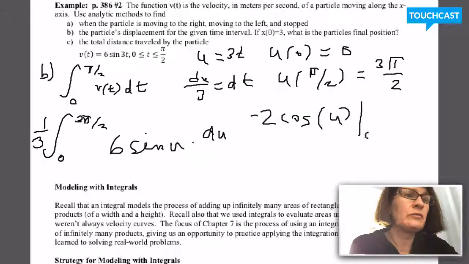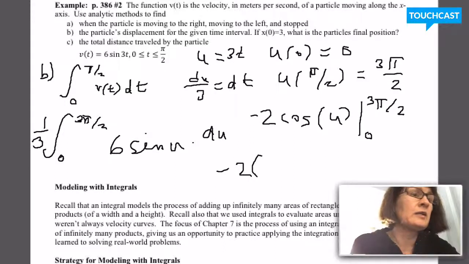I'm going to integrate from 0 to 3 pi over 2. That makes it negative 2 times the cosine of 3 pi over 2, which is 0, minus the cosine of 0, which is 1. So negative 2 times negative 1 makes a displacement of positive 2.